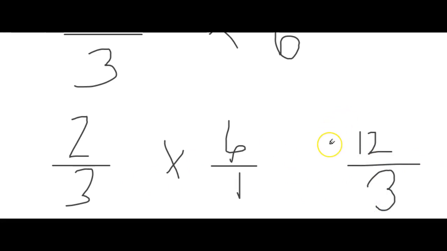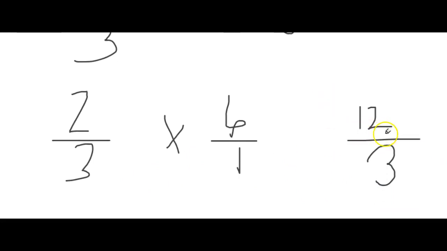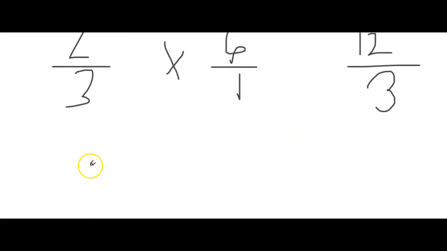Okay? This fraction reduces, because both of these can be divided by 3. 12 divided by 3 gives you 4. 3 divided by 3 gives you 1. And so that's basically 4 is our answer. All right? Let's move on.